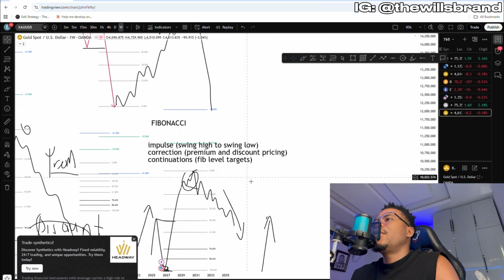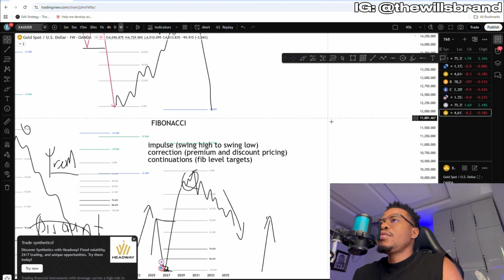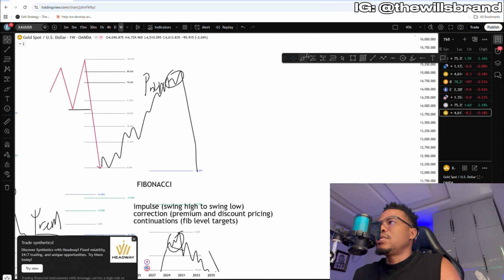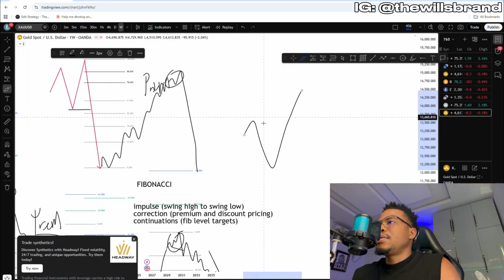Now remember, if you've watched the video on key levels, when I was talking about key levels, I said in that video that if price gives us an impulse this way, and price is correcting, now we've got to the level where we start correcting.